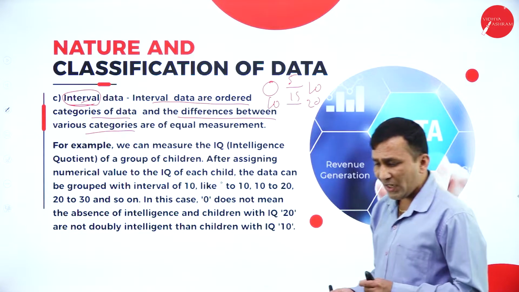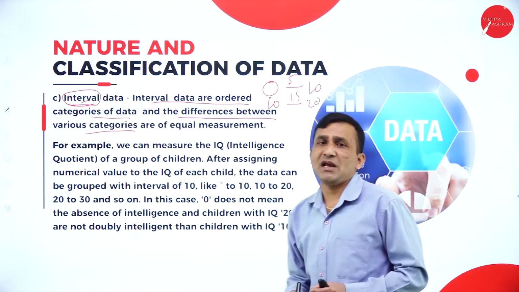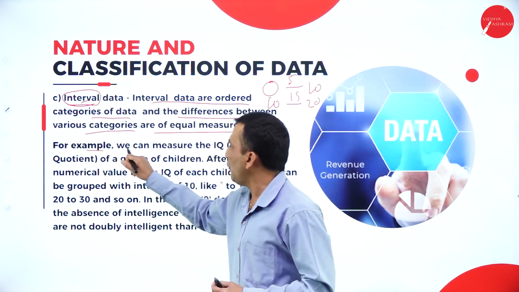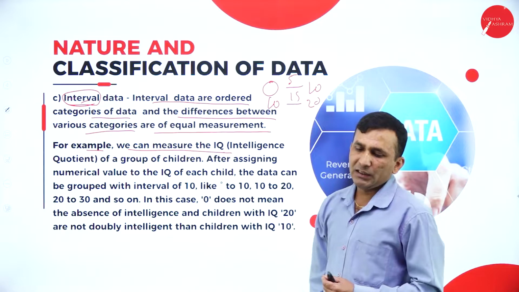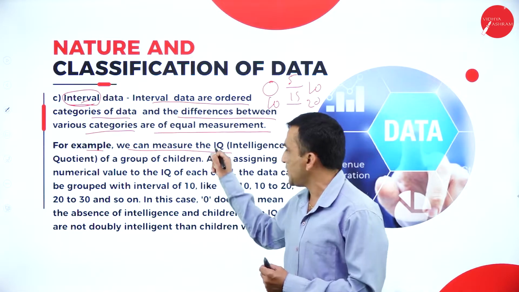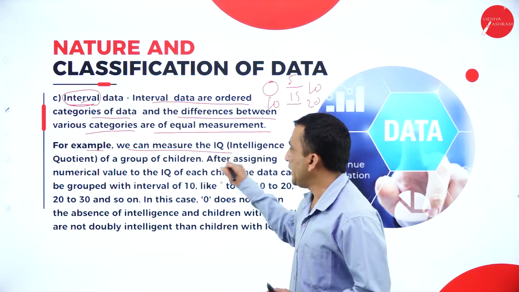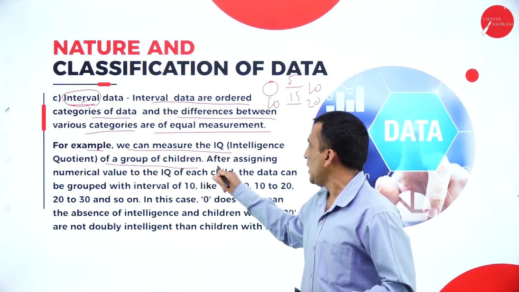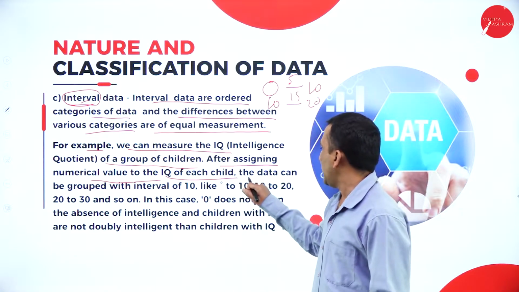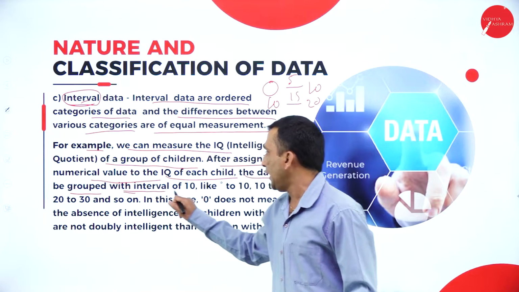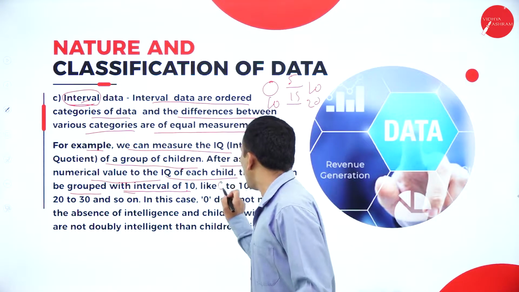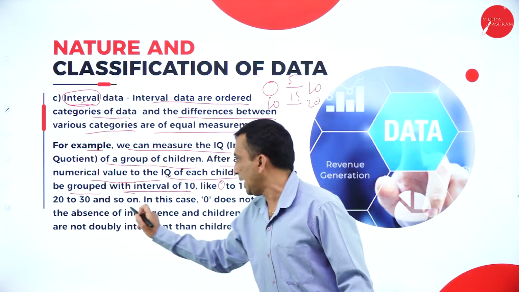In case it is not an equal distance, density factors are used in statistical methods. For equal measurement, for example, we can measure IQ, because in the classroom you need to check the IQ of students, to see exactly what percentage they have. After assigning a numerical IQ value to each child in a group of children, the data can be grouped with an interval of 10: 0 to 10, 10 to 20, 20 to 30, and so on.